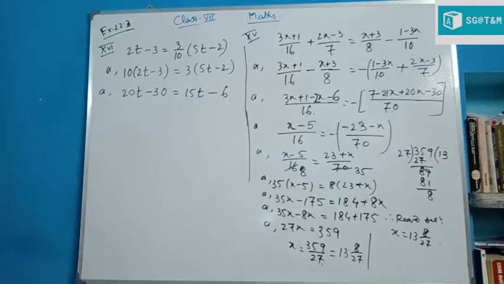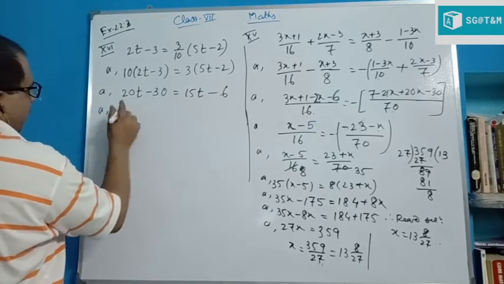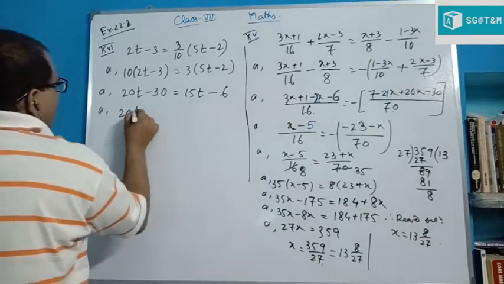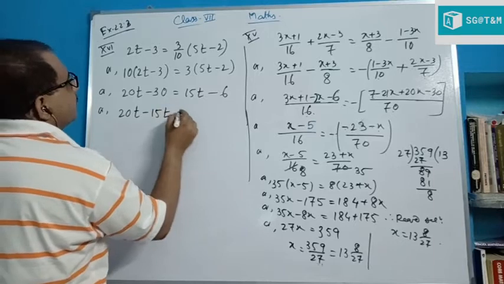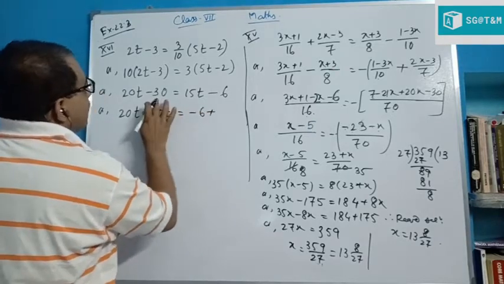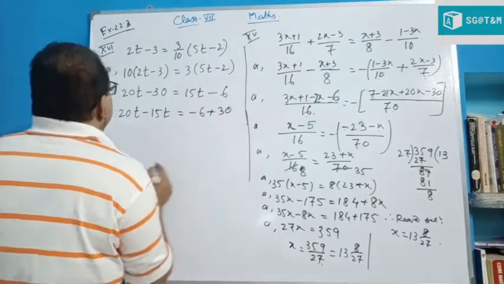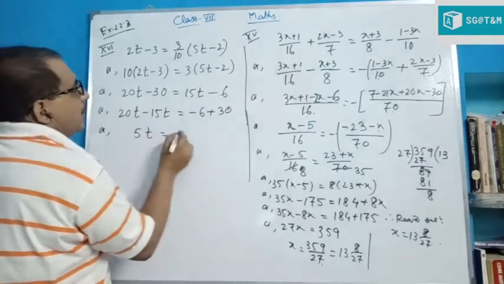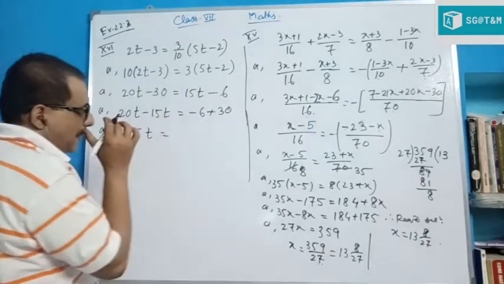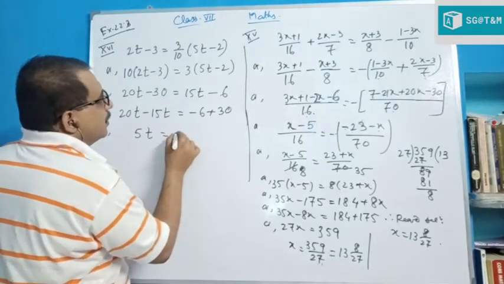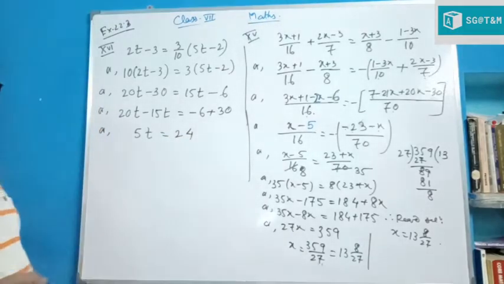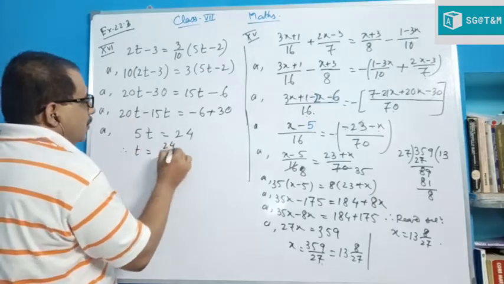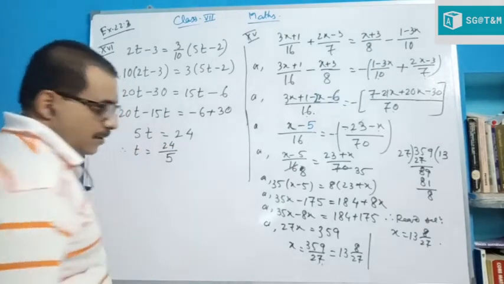Taking t to the left hand side, 20t minus 15t is equal to minus 6. Take to the right hand side, so it will be plus 30. 20t minus 15t is 5t. And 30 minus 6 will be 24. Therefore, t is equal to 24 by 5.